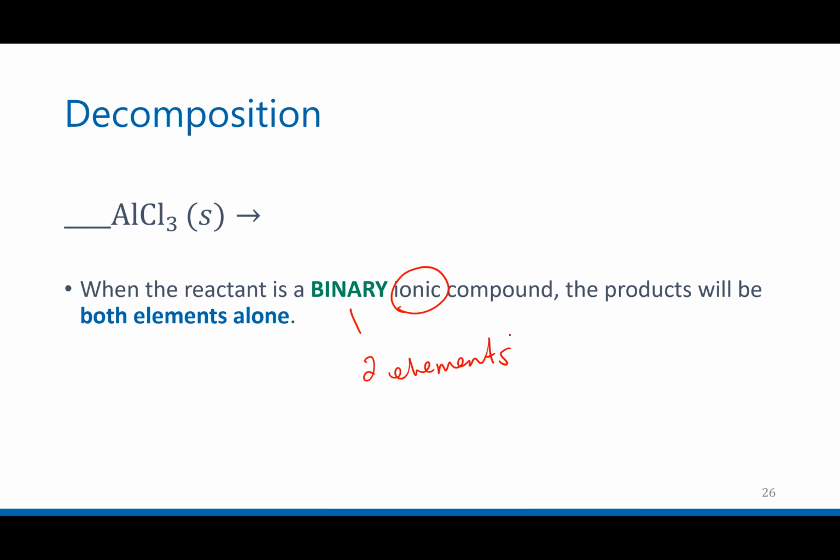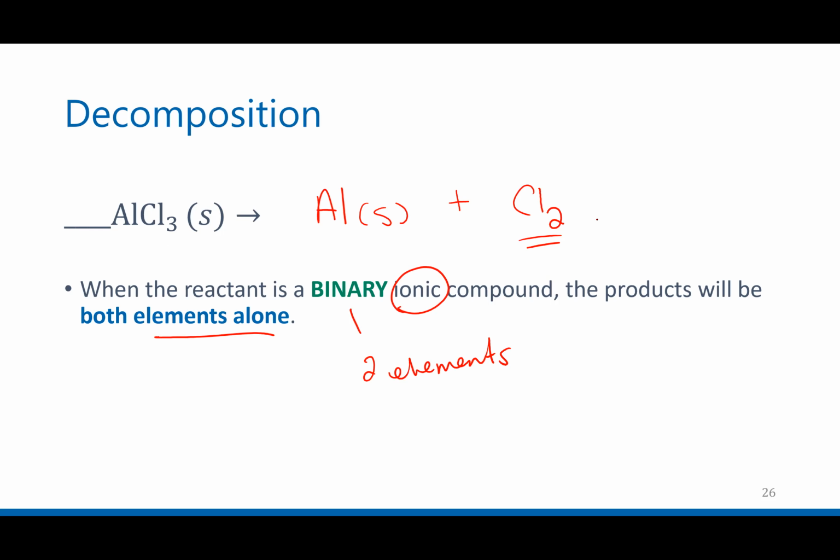Bi like a bicycle, right? Two wheels. Binary means two things. So when the reactant is just two simple elements bonded together, the products will be both elements alone. Now, that means we're going to get aluminum, which is a metal. It's a solid on your periodic table, and Cl2.